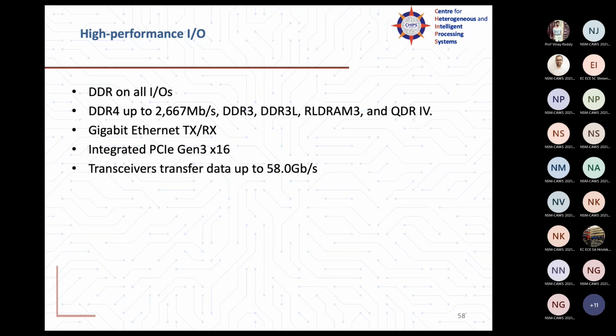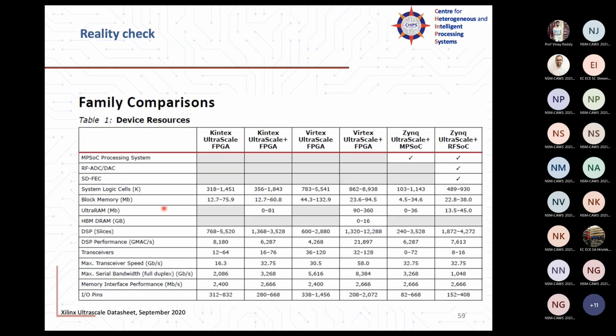All said and done, I want to give you an idea of how today's FPGAs actually look. So a quick reality check, right? I have a bunch of FPGAs here. These are from Xilinx, and to give you an idea of the kind of complexity that is available, there are different kinds of resources available on chip, right?